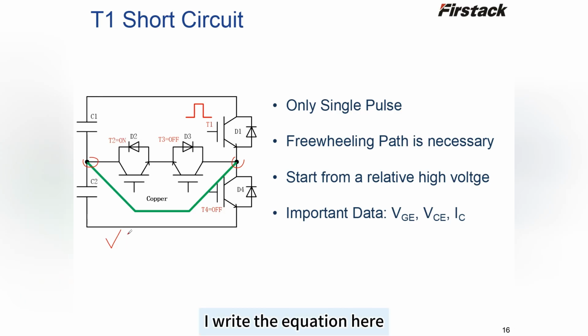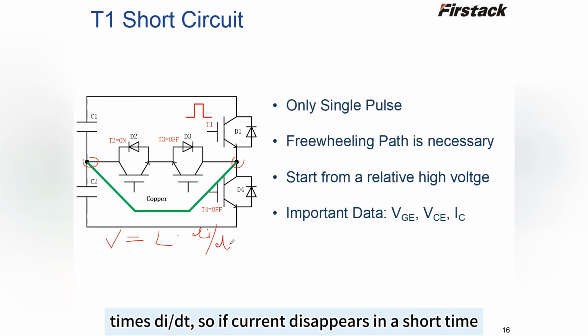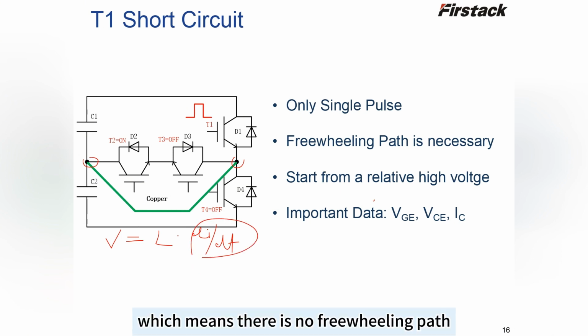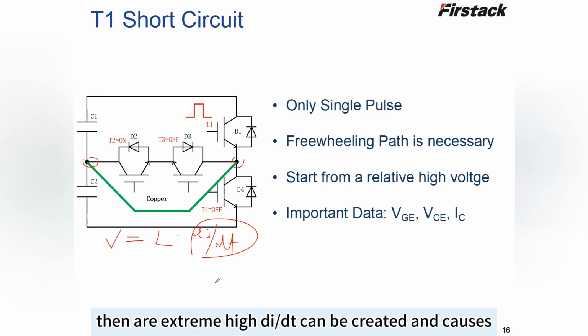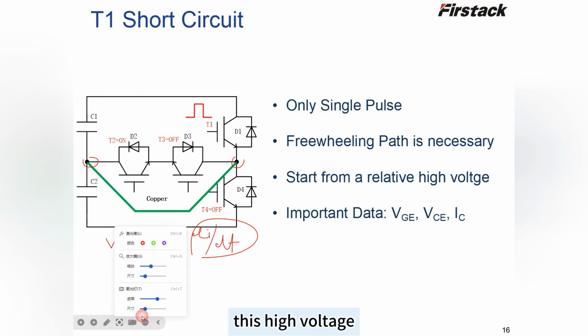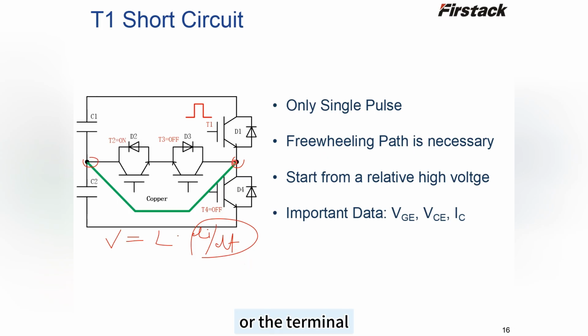I write the equation here: voltage is equal to inductance times di/dt. So if current disappears in a short time, which means there is no freewheeling path, then an extremely high di/dt can be created and causes this high voltage on the terminals of our copper or short cable.